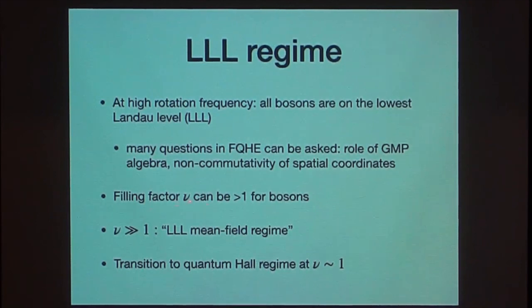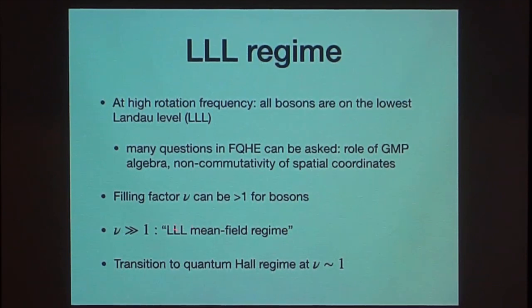The filling factor nu for the boson can be larger than 1, and one can go to a regime where this filling factor is much larger than 1. So in this case, each orbital is occupied on average by a large occupation number, and the system can be described in the mean field approximation, where we treat the condensate as a classical field.